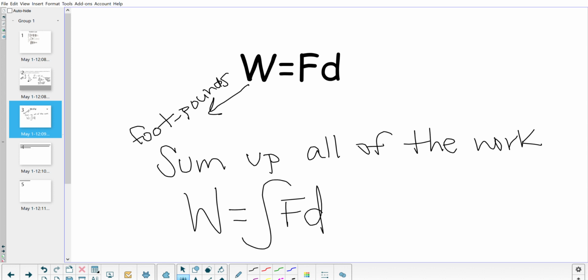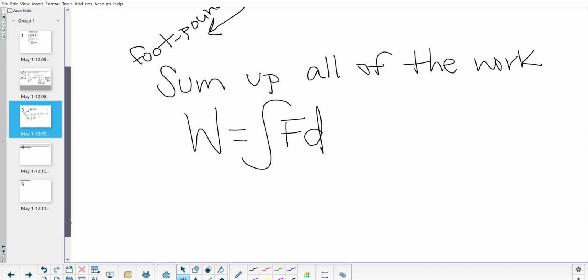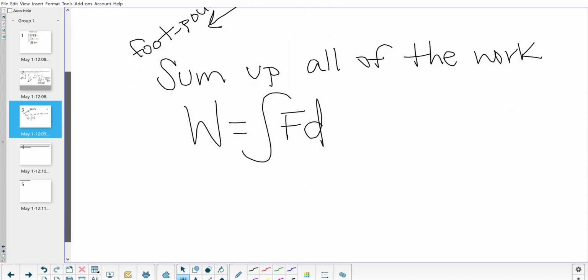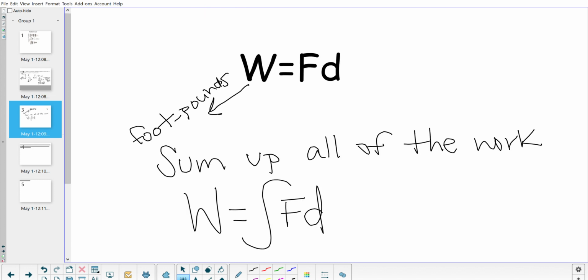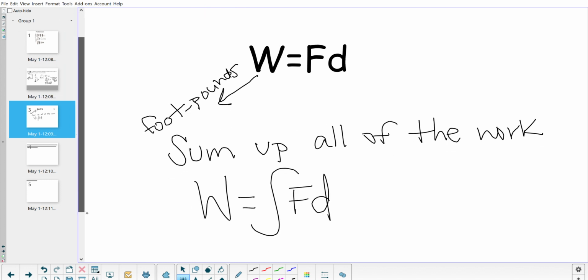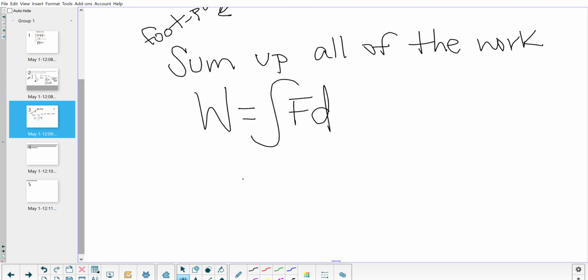force times distance. So this is a way to add up work from different units away from the natural length. So we're going to use actual values like a and b for the limits of integration, which is how far away from the natural length.